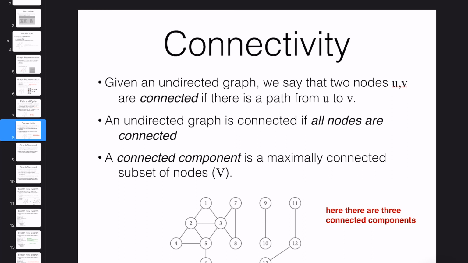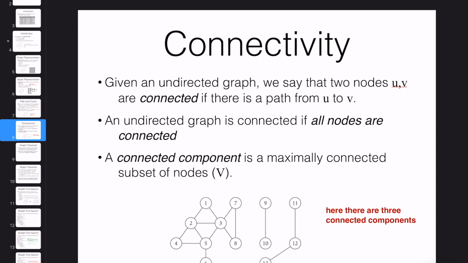And if the graph is not connected, it means that you have more than one set of nodes that are maximally connected. We define another notation for this. Every connected component in a graph is a subset of nodes that is maximally connected, which means that, okay, so 1, 2, 3 is not a connected component if you can actually expand it and cover 7, 8, 5, 6, and 4.